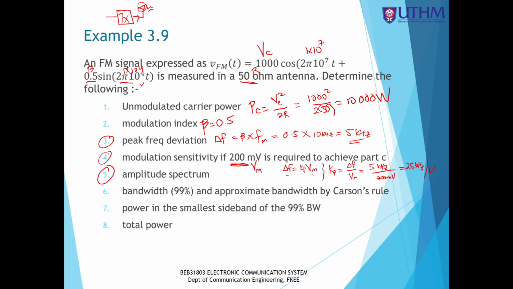The next asks about the 99% bandwidth and the approximate bandwidth by Carson's rule. So now we need to find the 99% bandwidth and the approximate bandwidth by Carson.